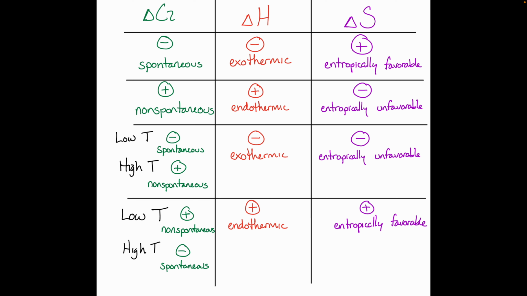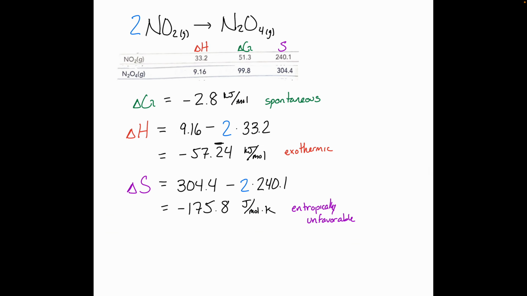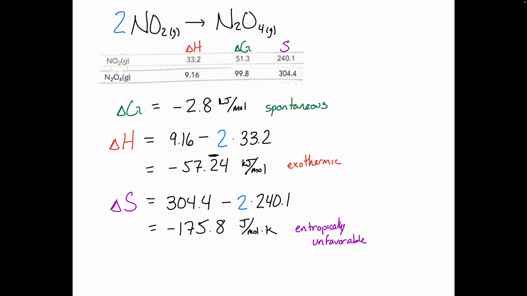And for a reaction that is exothermic but entropically unfavorable, we found that that reaction would be spontaneous, but only at low temperatures, that there was a temperature that you could crank this up to where that reaction would no longer occur.